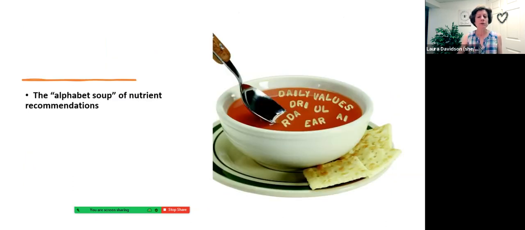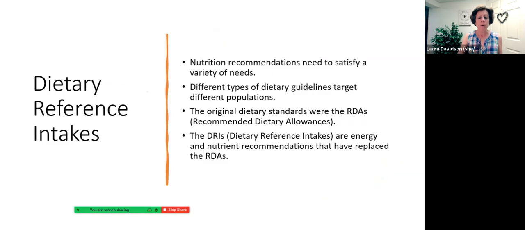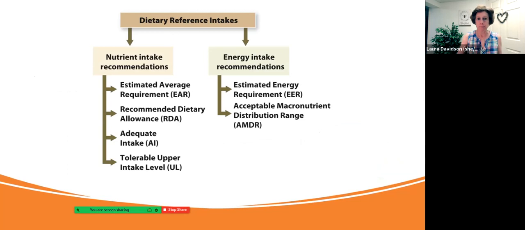Okay, so on to a different type of recommendation, and these are the dietary reference intakes, and they are numbers for specific nutrients. So dietary reference intakes are recommendations that cross many different people. They are assigned in gender and age groups. We started with the recommended dietary allowances, but now we have more DRIs. And here they are.